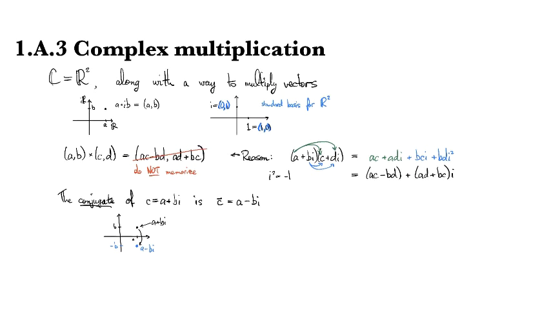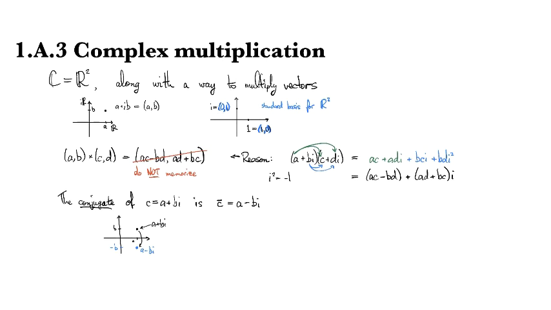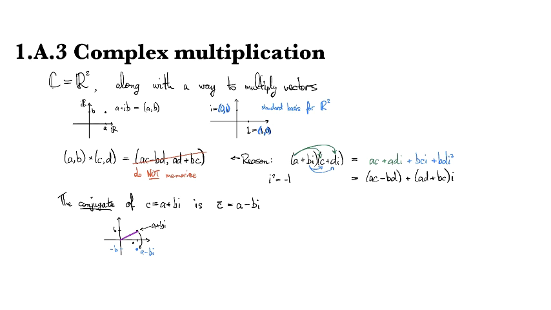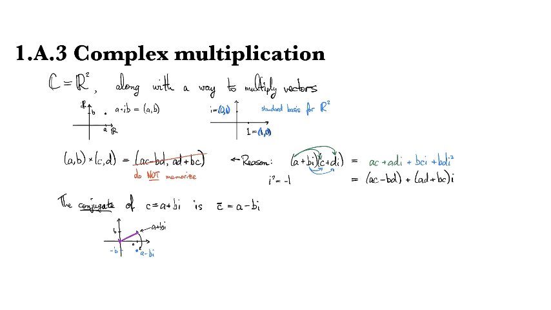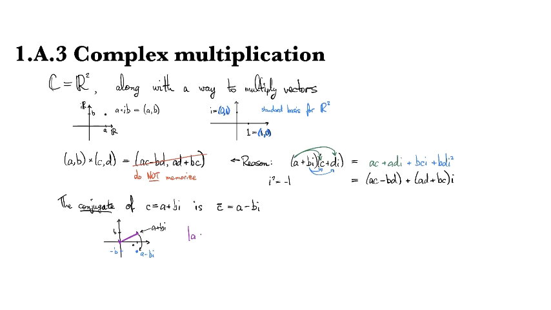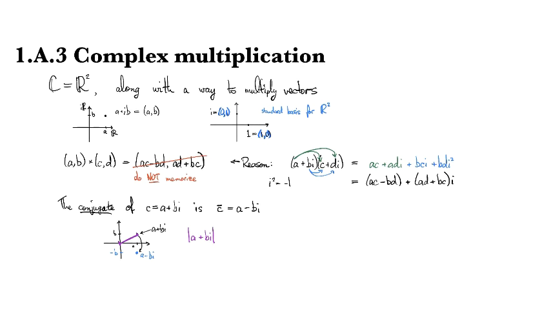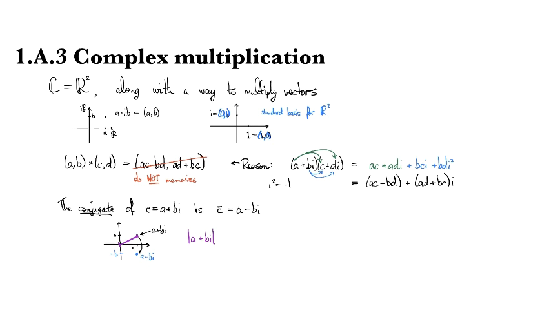And so that means that, for example, if you want to know the magnitude of the complex number, so the distance, the length, how far it is from the origin right here, then the magnitude of a plus bi, well, we can actually see this by multiplying the number by its conjugate.